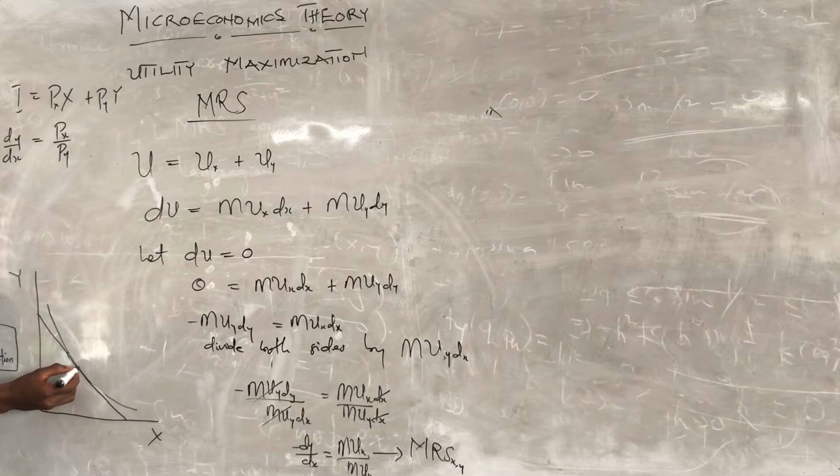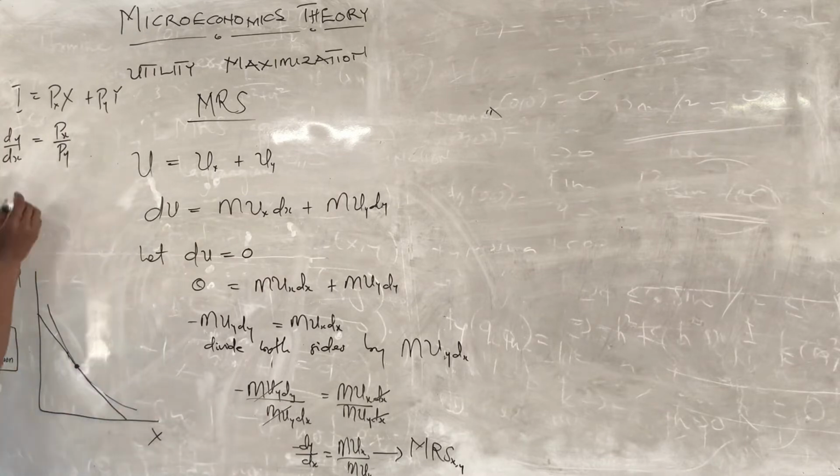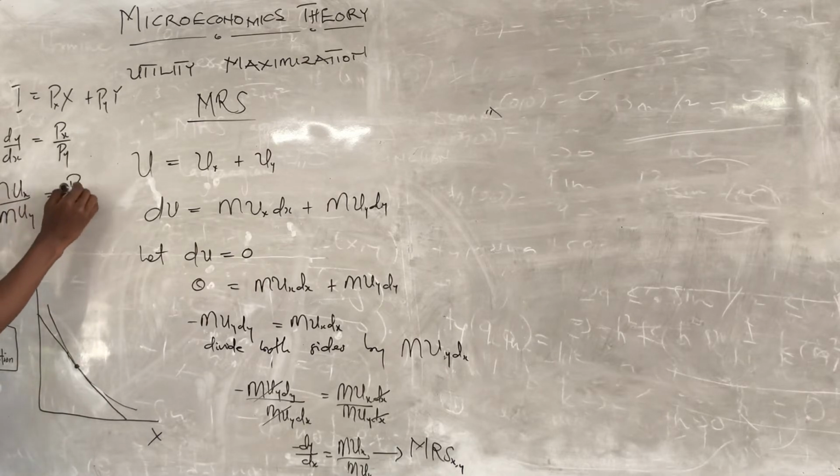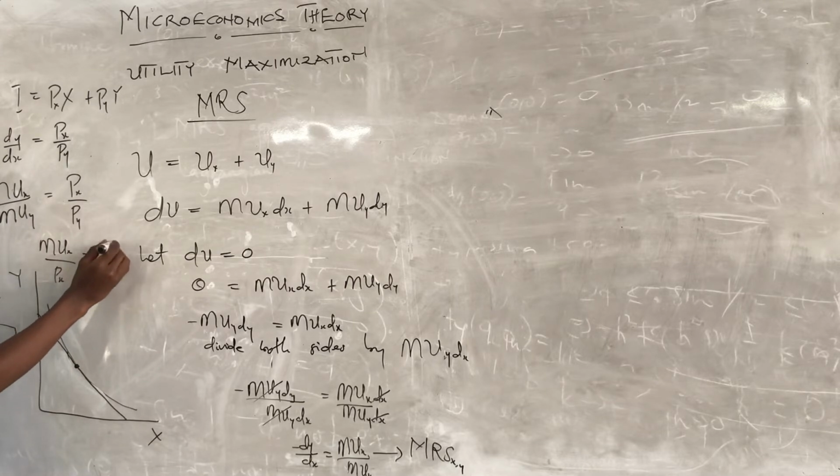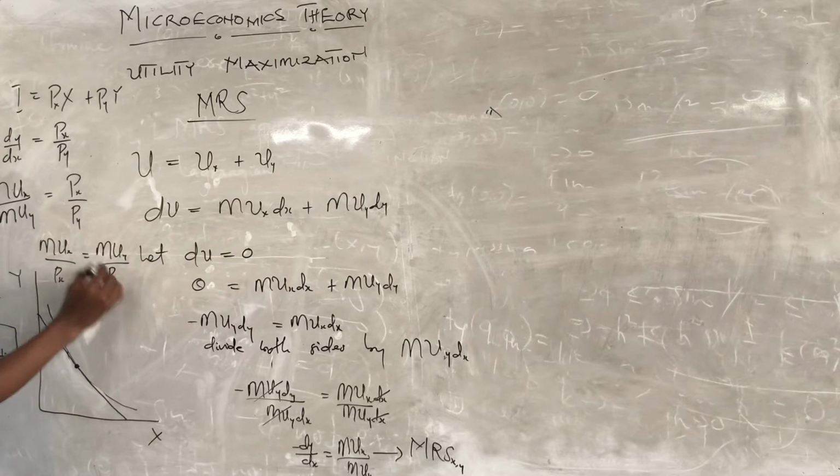So at equilibrium, where the indifference curve touches your income function, or the budget function, we equate MUx over MUy equal to px over py. Someone may write it as MUx over px equal to MUy over py.